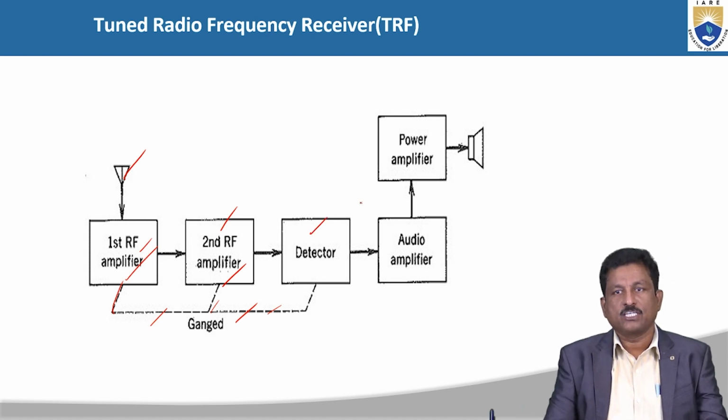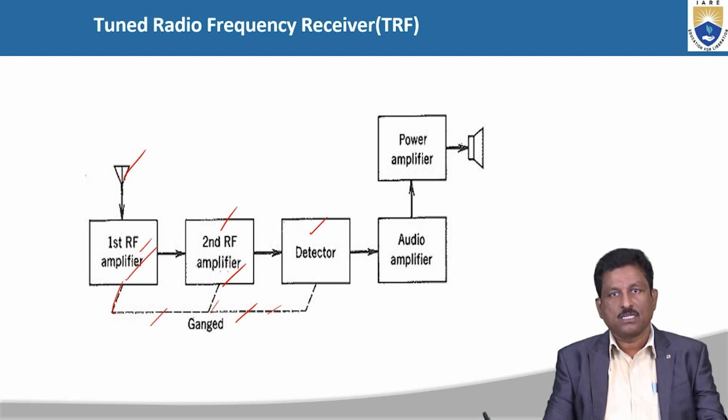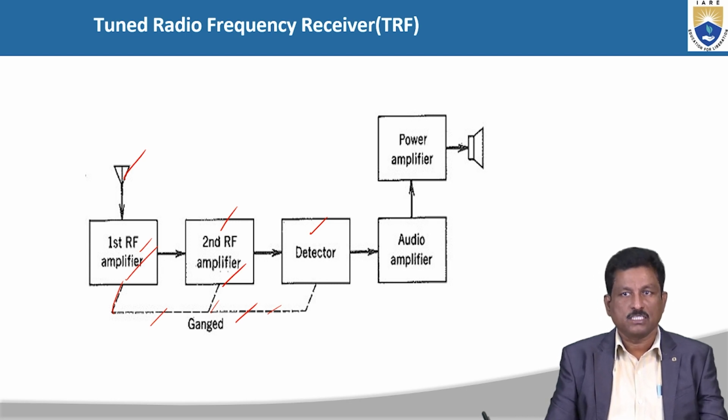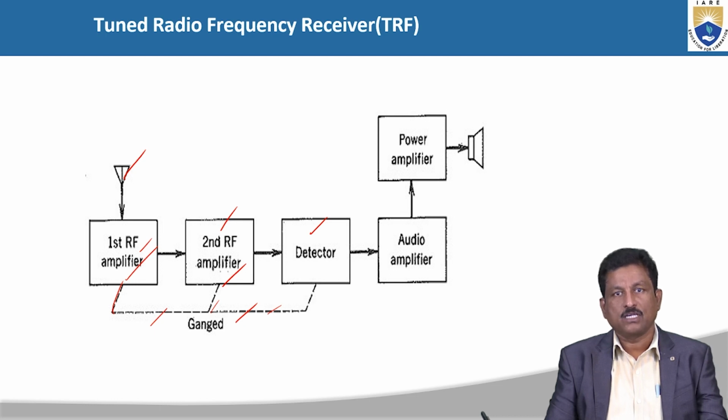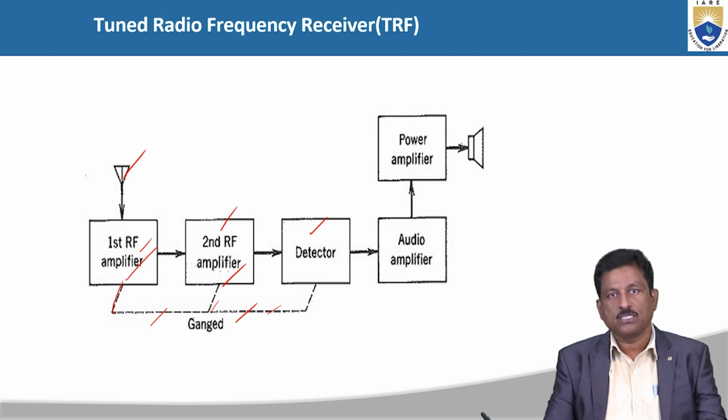The function of the detector is to perform the operation of demodulation. The received modulated wave is a combination of the carrier signal as well as the modulating signal. Our aim is, with the support of the detector, to detect only the modulating signal, which is our original signal transmitted at the transmitter side.